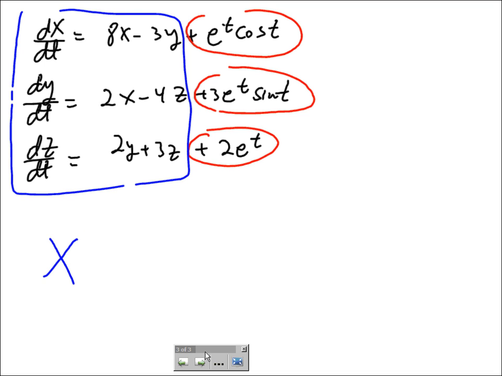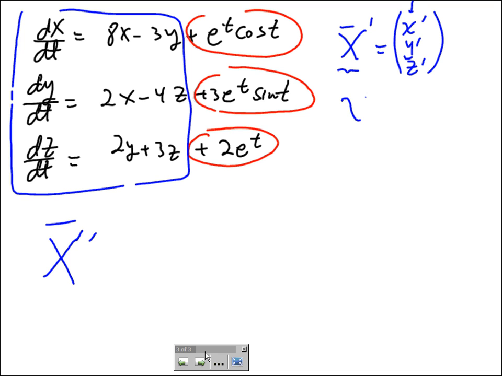So x prime bar will be x prime, y prime, z prime. X bar prime has nothing to do with the variable x. And x bar means little x, little y, little z.